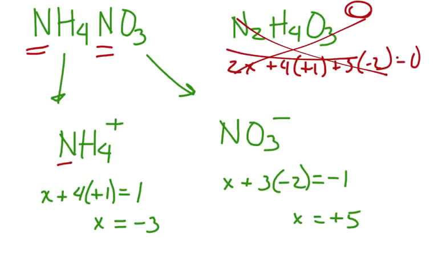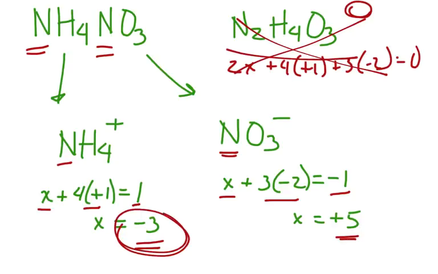For nitrogen in ammonium, X plus 4 times +1 equals +1, the charge, so X is in a -3 state. On the other end of this crystal, we have nitrogen in nitrate, which is X plus 3 times -2, and the charge is -1. So X is in the +5 state.